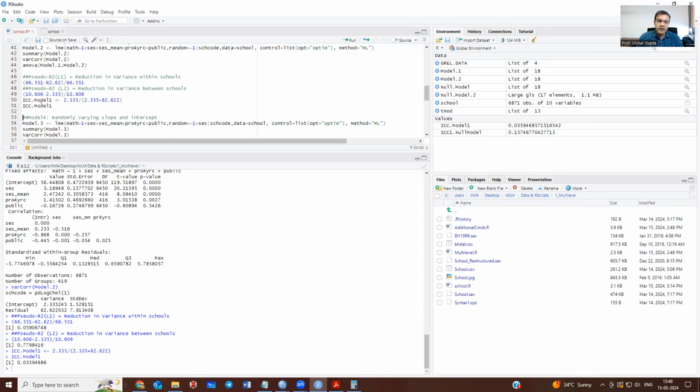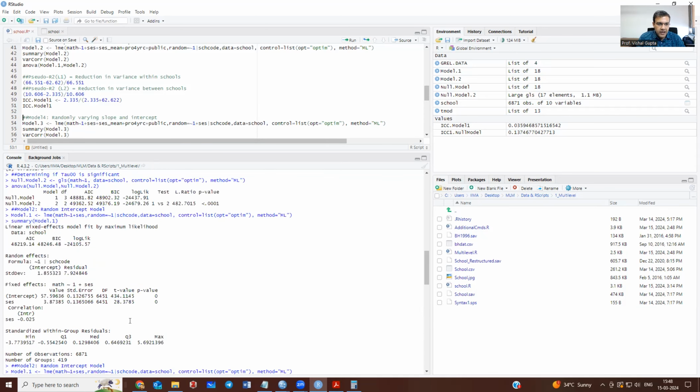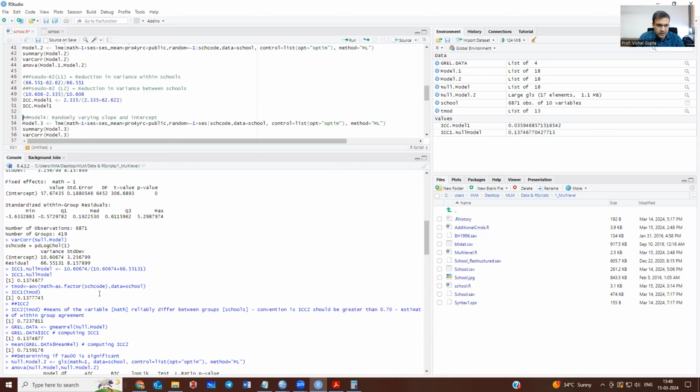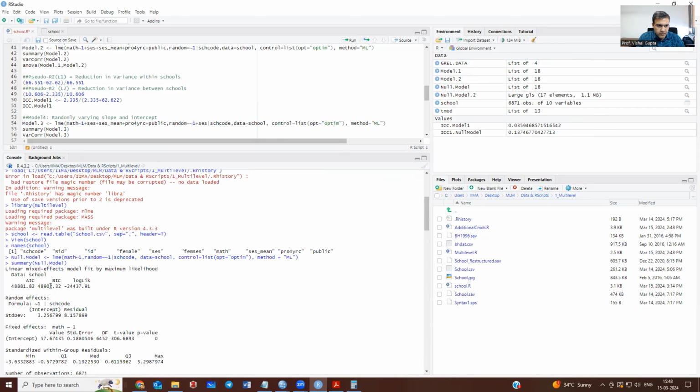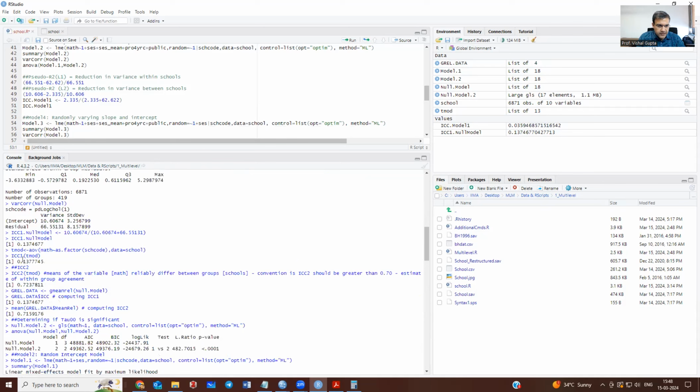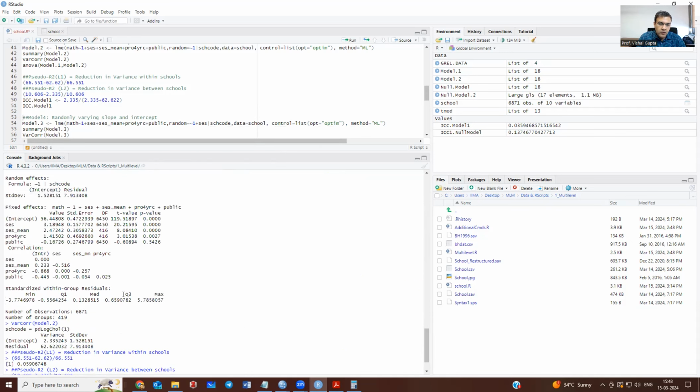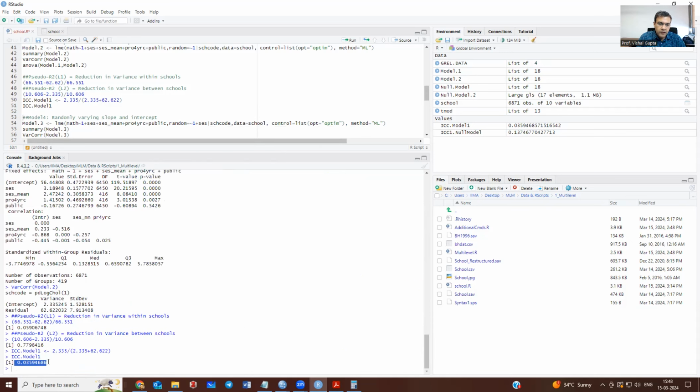So we started from, where did we start from? 13.8% variance, right? 13.77. If you look at our first ICC 1, where is our first ICC 1? 13.74 was the variance that we started with. From that, we have now gone down to 3.59.